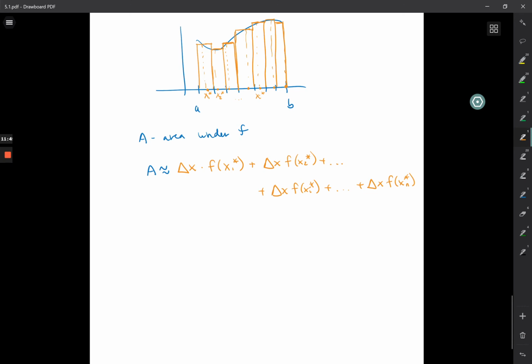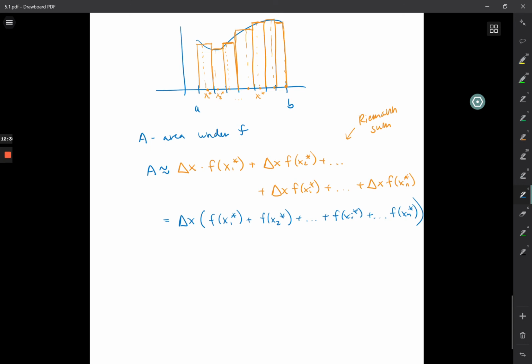This is what we will call a Riemann sum, but we want to write it using sigma notation, which is going to make it a little bit nicer. Each term has a delta x in it, so to simplify this, we can pull that delta x out. Then we get a sum of f of x1 star, f of x2 star, f of xi star, and all the way up to f of xn star, right?